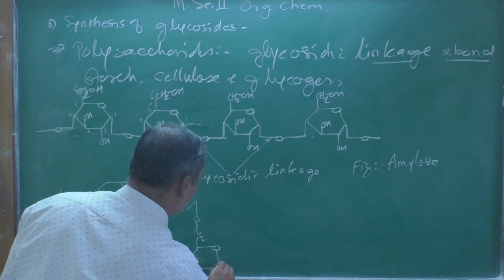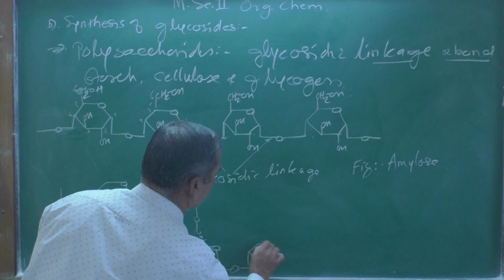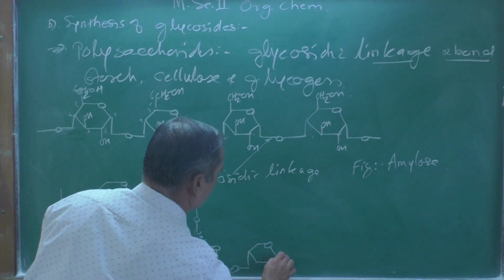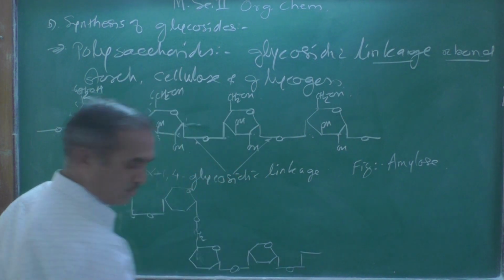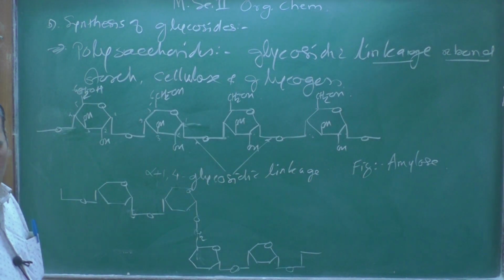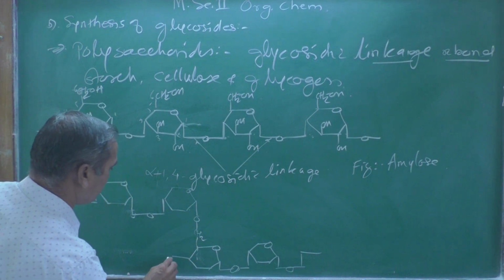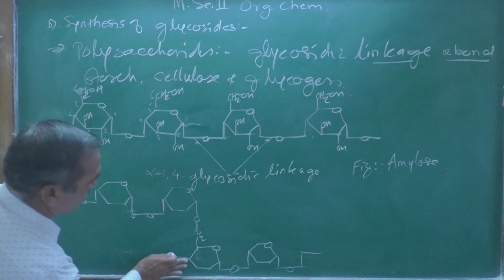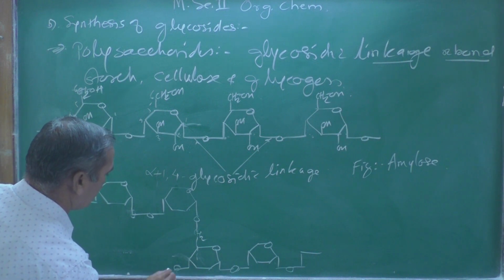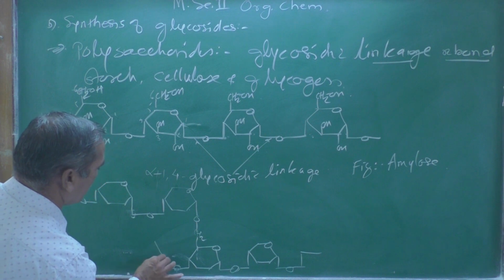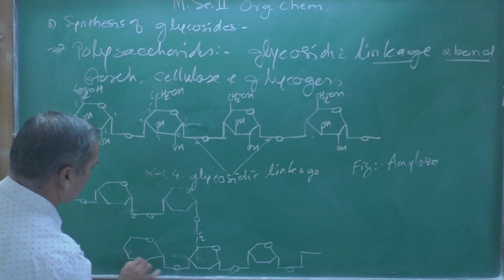Then we can draw O here, then this one, then O, and this side also we can draw, again going below the oxygen atom, then below, we can draw this type of structure.